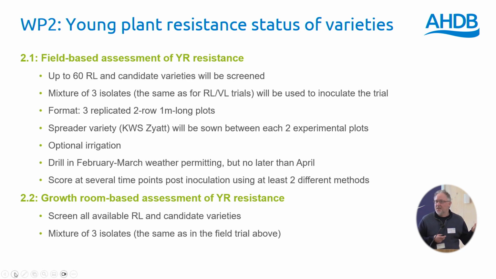The reason is that in case our field experiment is destroyed for whatever reason, by animals or humans or due to the weather, or maybe yellow rust does not take up very well, we will have at least the data from the growth room experiment. It would also be nice to correlate both sets of data.